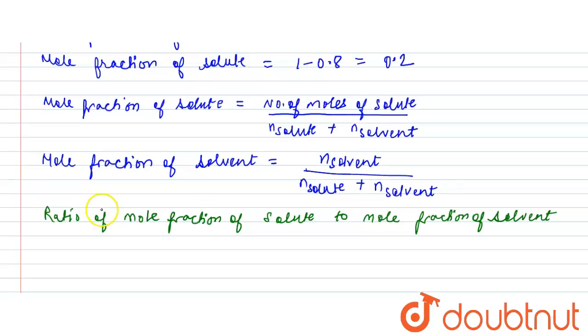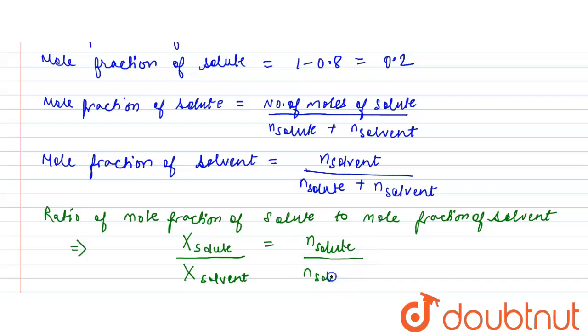If you say the mole fraction of solute divided by the mole fraction of solvent, this equals the number of moles of solute divided by the number of moles of solvent, right? This is very important.